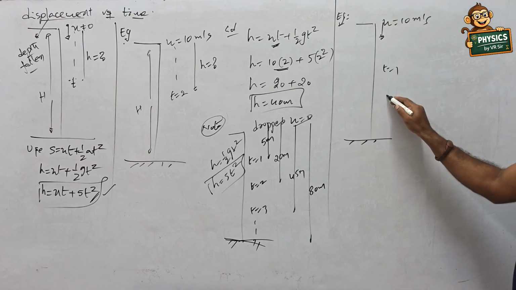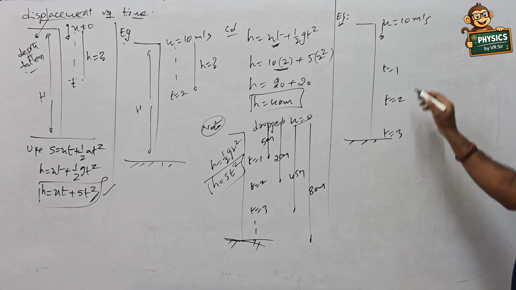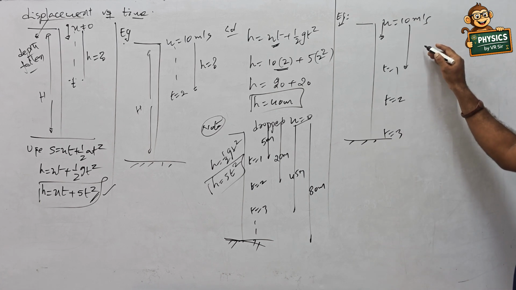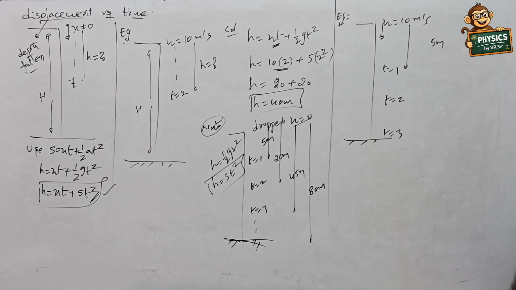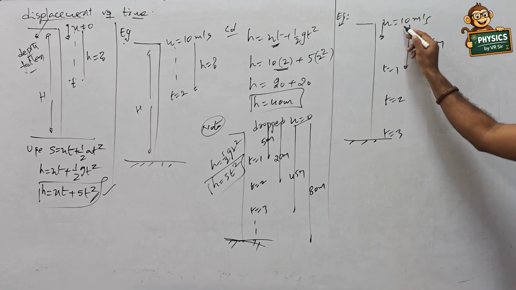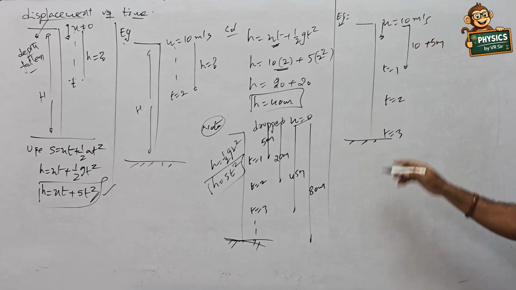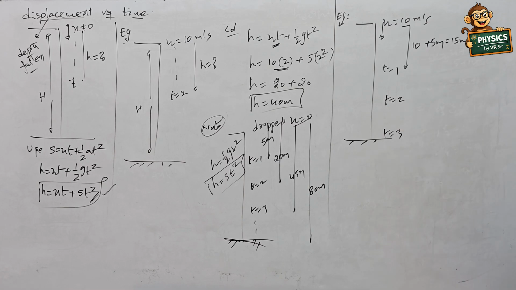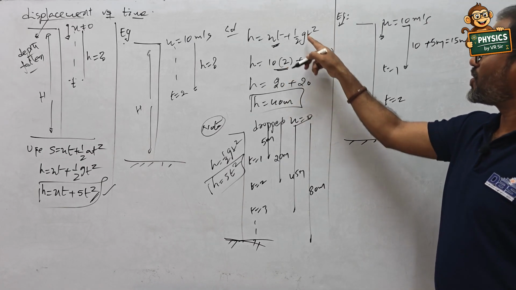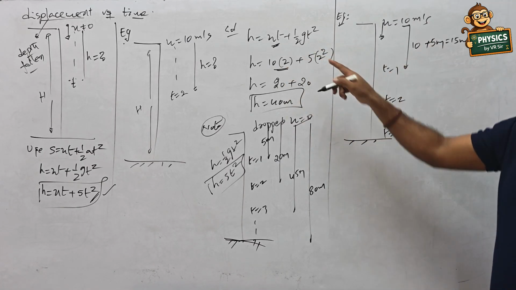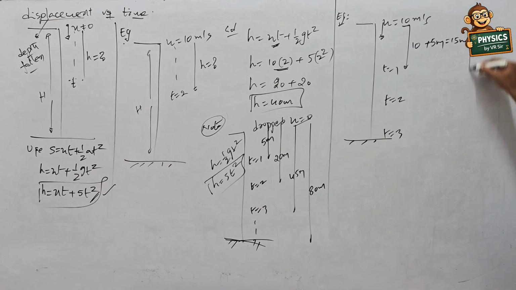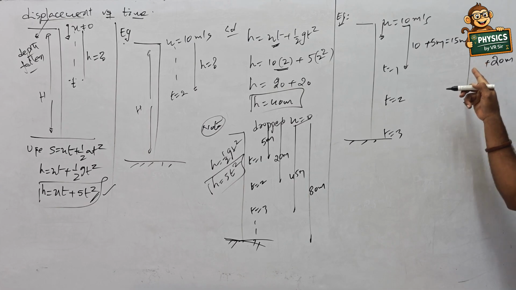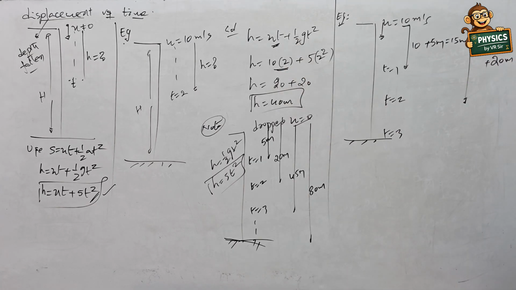Now t equivalent to 1, t equivalent to 2, t equivalent to 3. The depth it has fallen in 1 second, as we know, is 5 meters. To that 5 meters I am adding ut, and ut means 10. So how much is that? 15 meters. That is ut plus half at square, where half at square for t equivalent to 1 is 5. For 2 seconds, it falls 20 meters in general, but you have to add ut to that, and ut means 20.